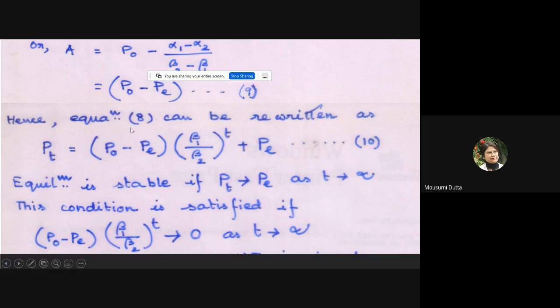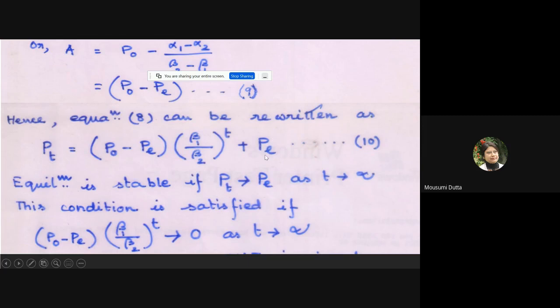So this entire thing, or PT, the time path or the left-hand side variable, will continuously move up and down the equilibrium. For the even value of t, it will move up. For the odd value of t, it will move down. So it will continuously move up and down the equilibrium.